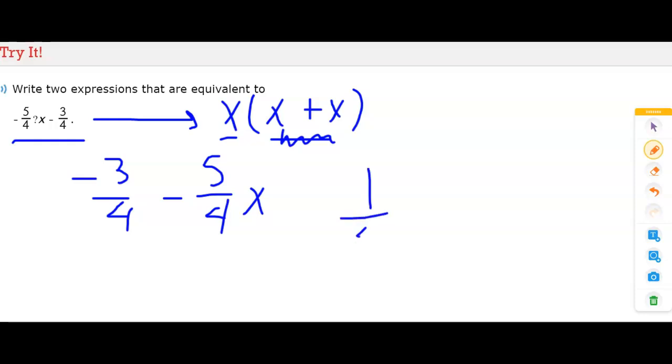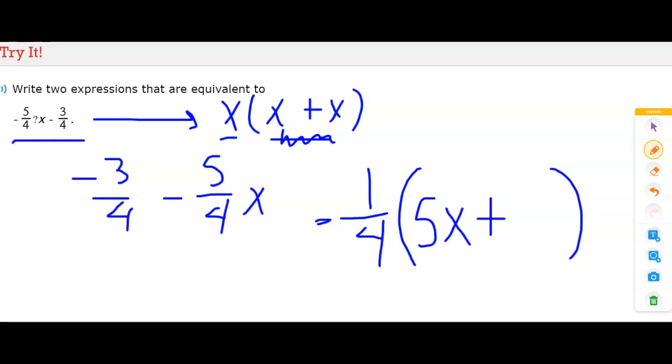So if I were to take 1/4, and I can make it a negative because both of my fractions are negative, put that on the outside of my parentheses, keep my plus sign in the middle here, and so negative 1/4 times what will give me 5/4, and that would be 5, and we have to keep our variable x, so 5 times x, and then negative 1/4 times what would give me 3/4, and that would be 3.